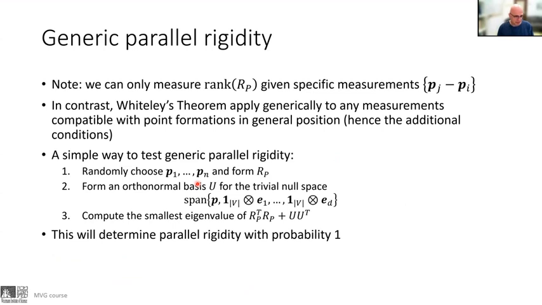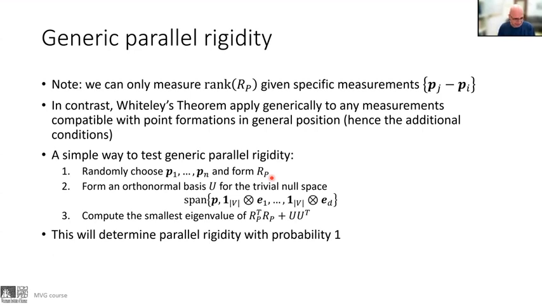Given a graph, I can randomly choose endpoints, for example, from a Gaussian distribution. Use them to form this matrix RP. That's simple. For every edge, we just produce the corresponding projection matrix.